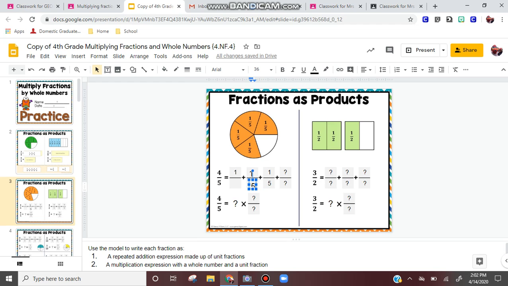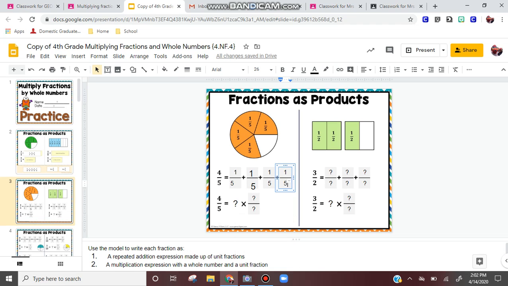Okay, so for this bottom section, a lot of the other slides look very similar to it. Instead of doing 1/5 plus 1/5 plus 1/5, I can multiply 1/5 times what? How many 1/5s do I have? I have 4.